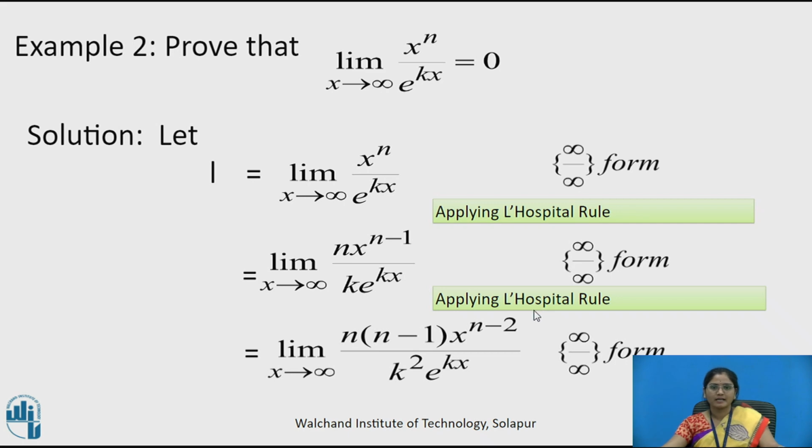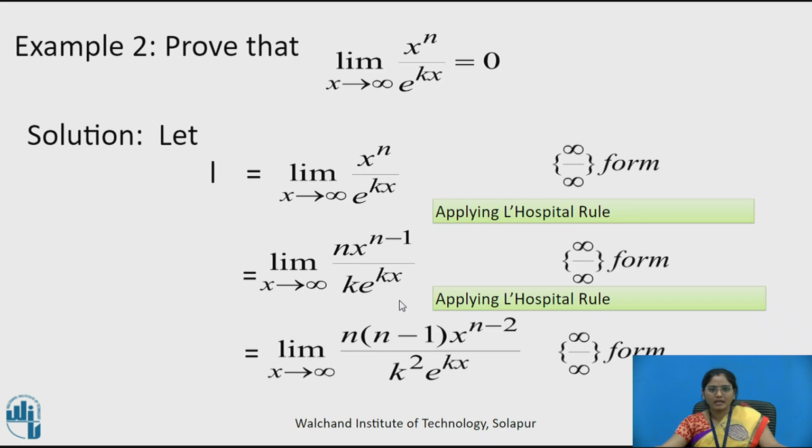Therefore, again applying L'Hospital rule to this function, means again differentiating. So, you are getting limit x tends to infinity n into derivative of this x raised to n minus 1, which is n minus 1 into x raised to n minus 2.